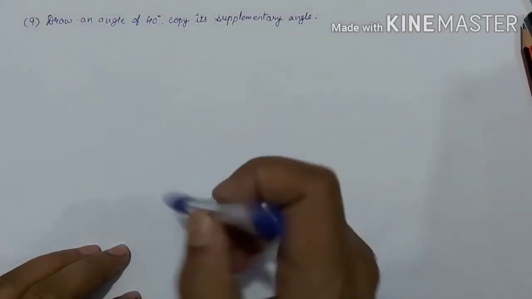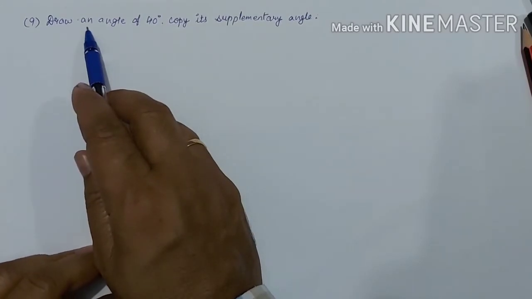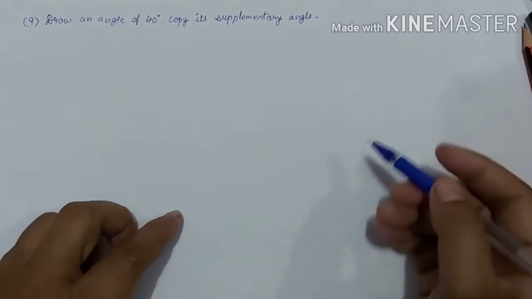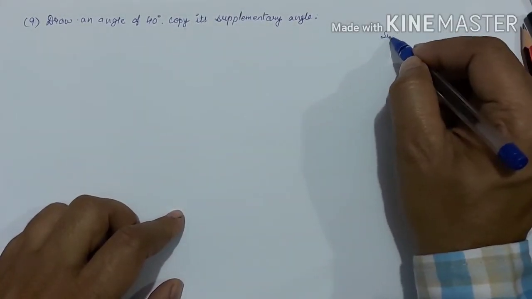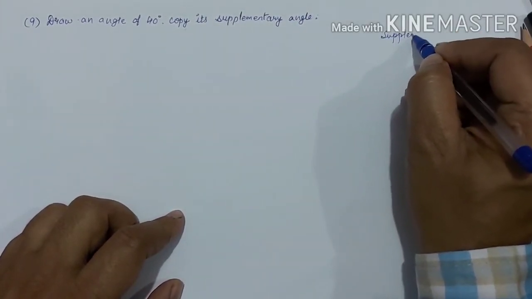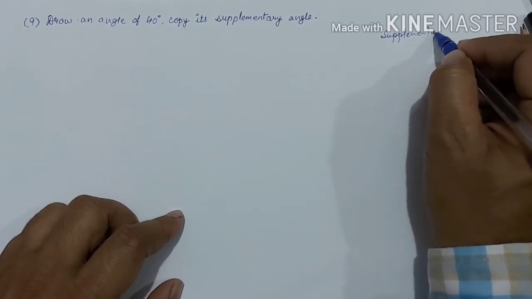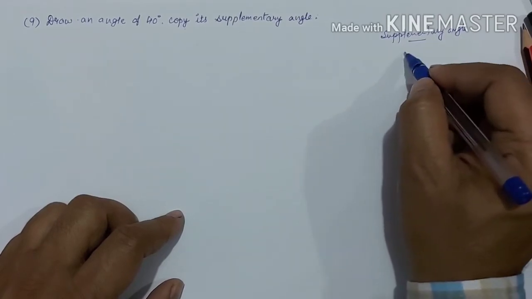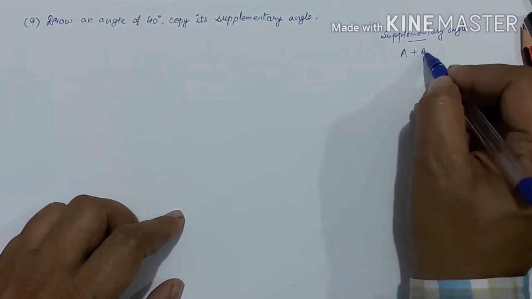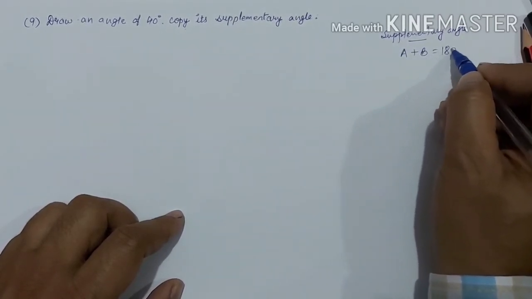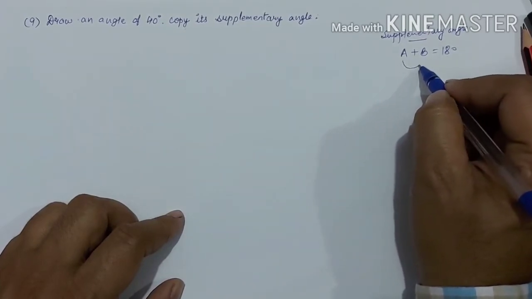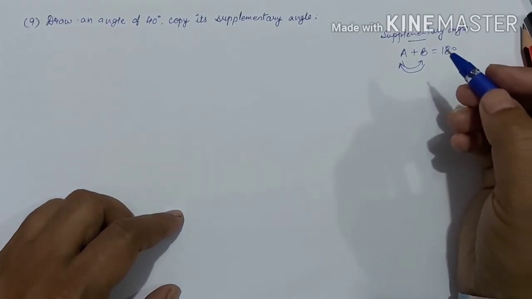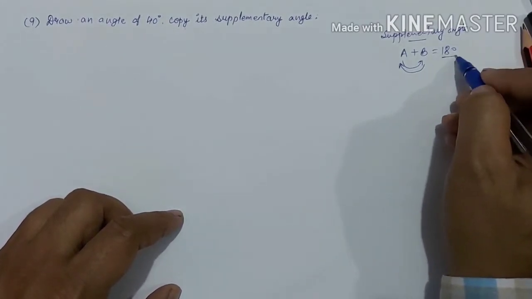Question number 9. Draw an angle of 40 and copy its supplementary. So first we need the supplementary angle. Supplementary angles: suppose angle A plus B is equal to 180, it means A is the supplementary angle of B and B is the supplementary angle of A, the sum of two angles is 180.